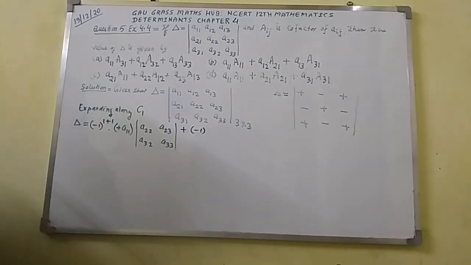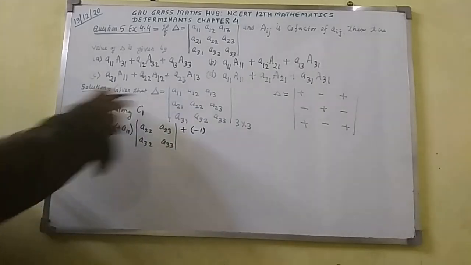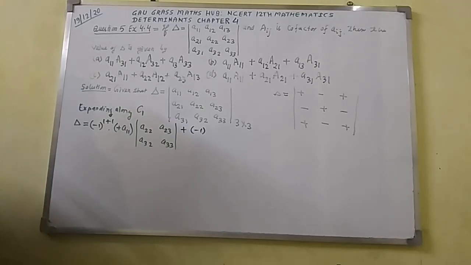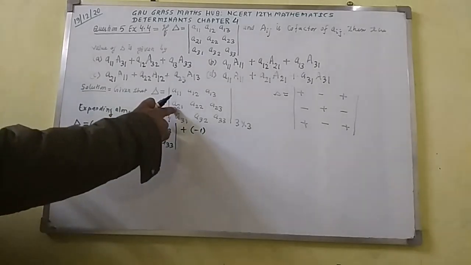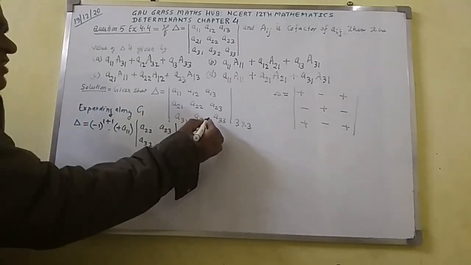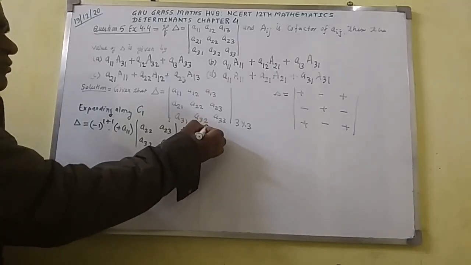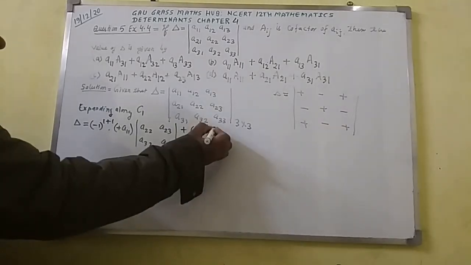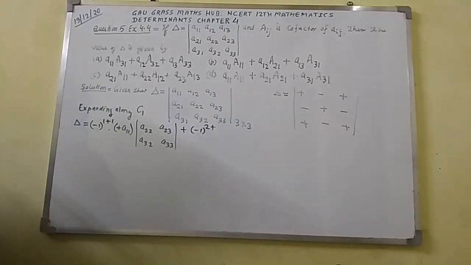Raised to the power. Now this delta is going to be expanded along the first column, so I shall take this element a21. Since a21 is there in the second row, for the second row I shall write here 2 plus j, since j means column position.